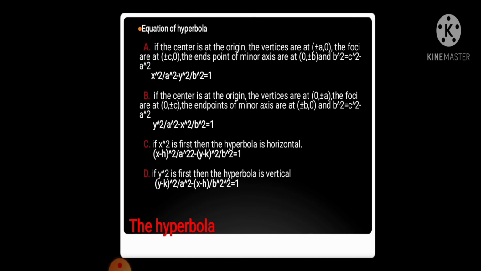So, (x minus h) to the power of 2 by a squared minus (y minus k) to the power of 2 by b squared equals 1. D. If y squared is first, then the hyperbola is vertical. So (y minus k) to the power of 2 by a squared minus (x minus h) to the power of 2 by b squared equals 1.